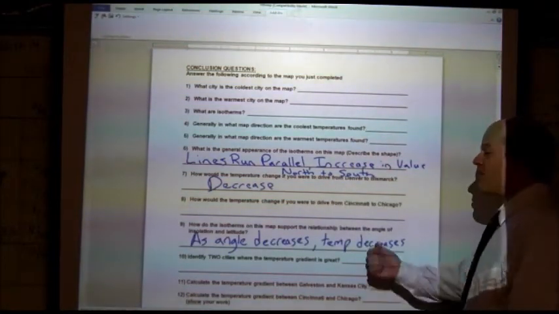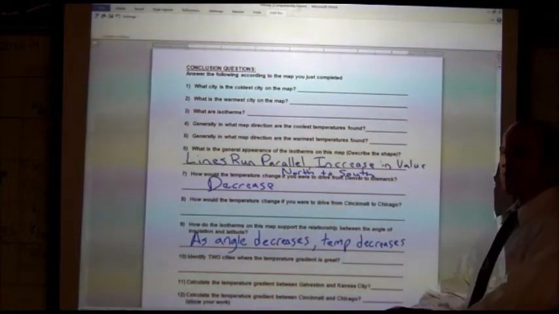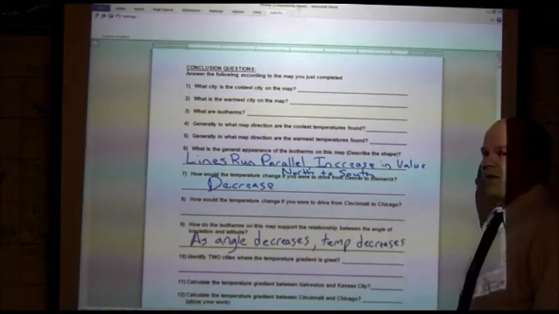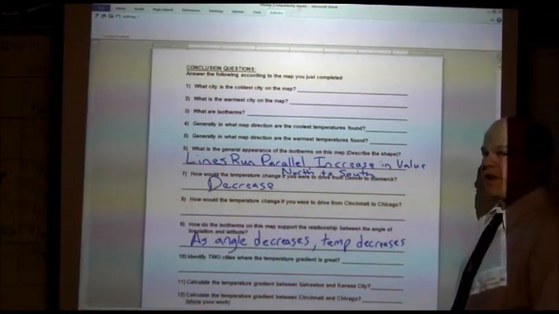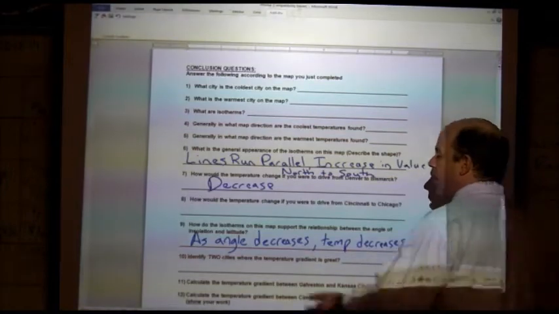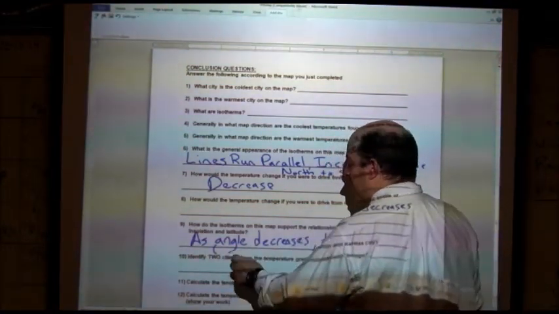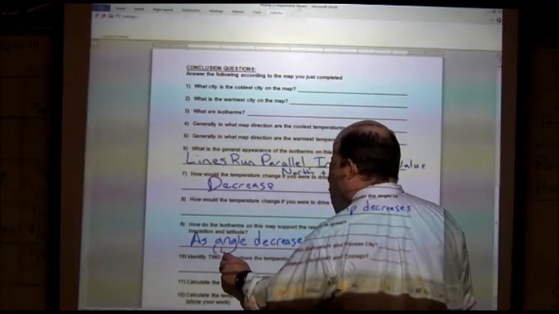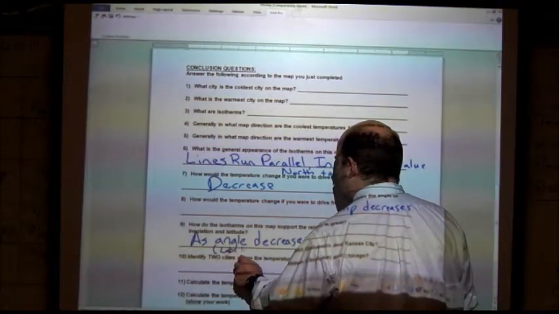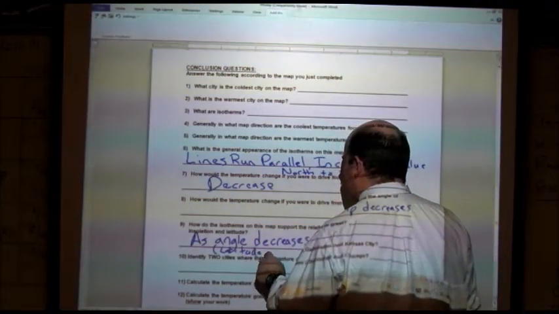Temp decreases. This comes right from our lab that we did about 3 weeks ago on angle of insolation, where we had the wooden blocks and the heat lamps. So, as the angle decreases, the temp decreases. And the angle itself decreases as latitude increases.